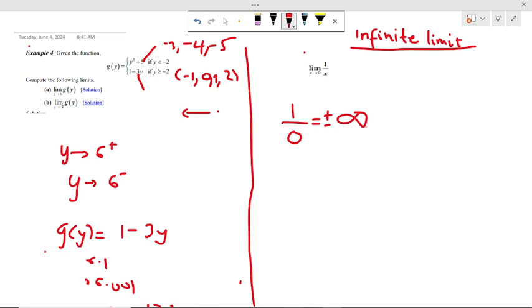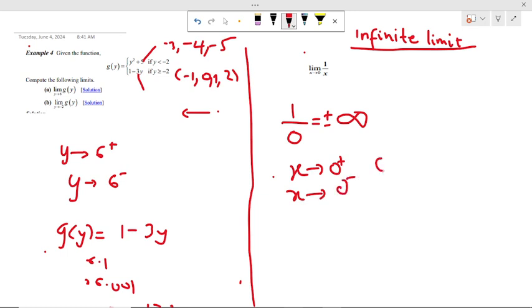Infinity too can be a limit. So we approach 0 from the left hand side, and we approach from the right hand side. So we find the limit of x as it approaches 0 from the right hand side. Then we find the limit of x as it approaches 0 from the left hand side.